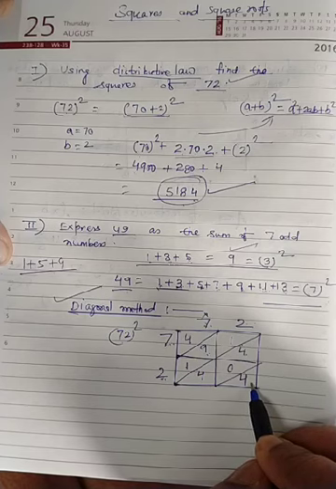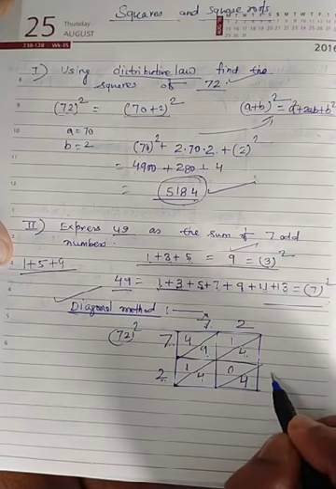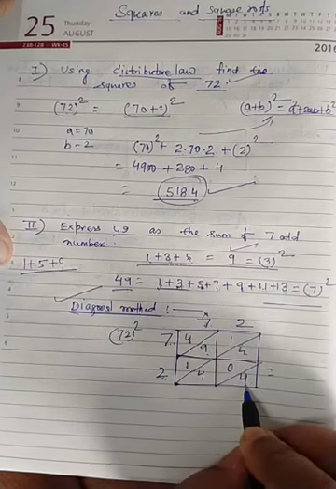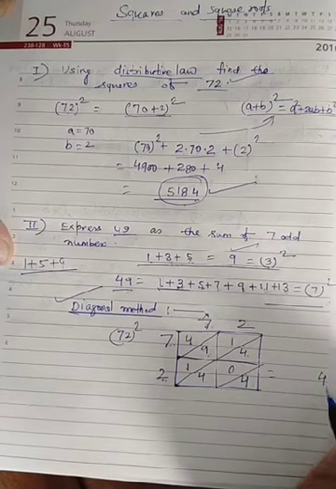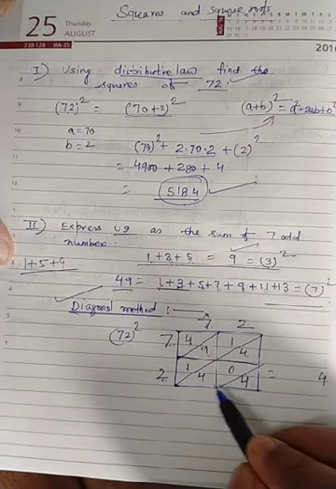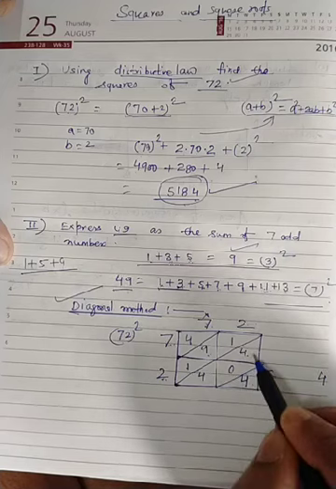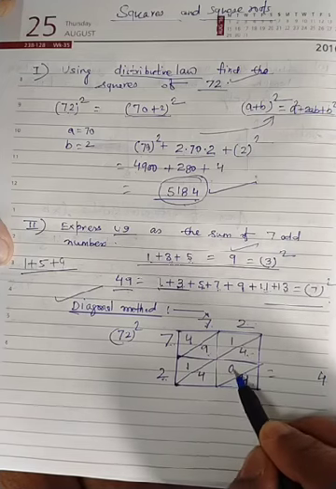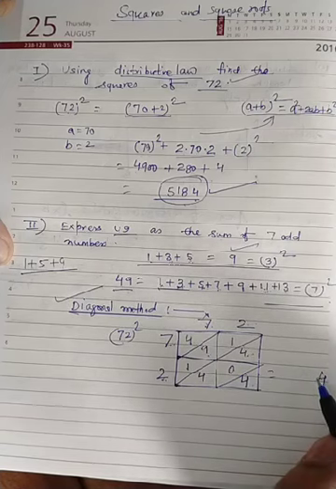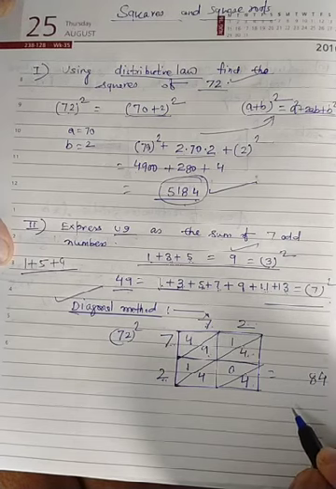Okay students, now how can we calculate? This is 4 4, I am writing here. Now 4 plus 0 plus 4, that is 4 plus 04, 4 plus 4 is 8, so 8 can be written here.